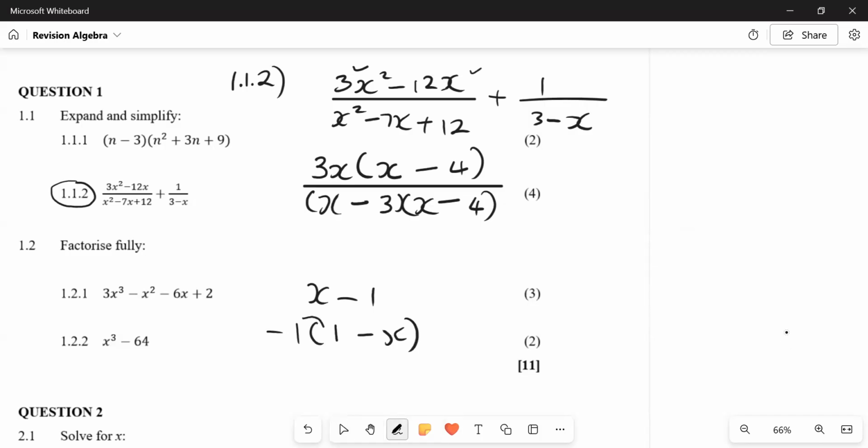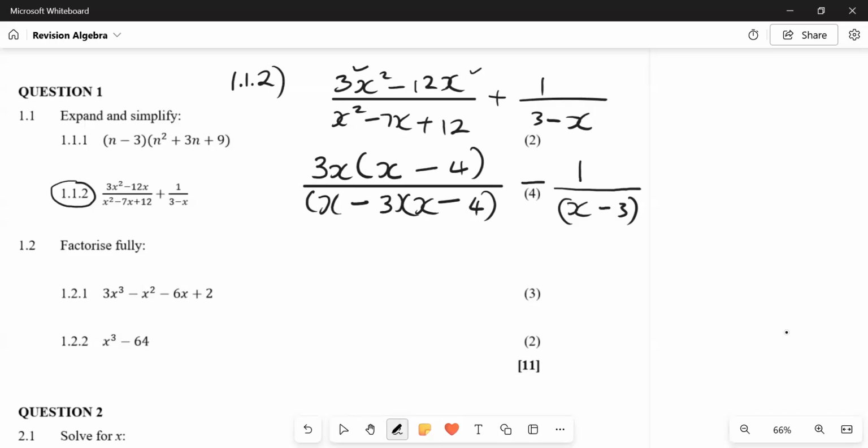So that when you multiply this back, you get your x minus 1, right? So same applies to that fraction. So you take out the common factor of negative 1. Now you're left with what? x minus 3. So that when you multiply it back, you will get 3 minus x.